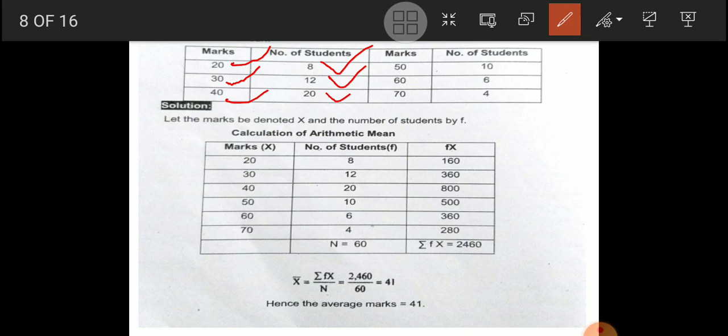Again, 50 marks obtained by 10 students, 60 marks obtained by 6 students and 70 marks obtained by 4 students.